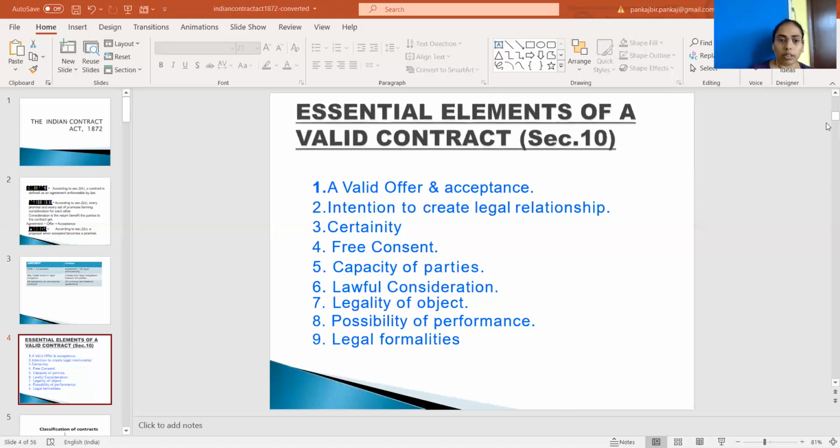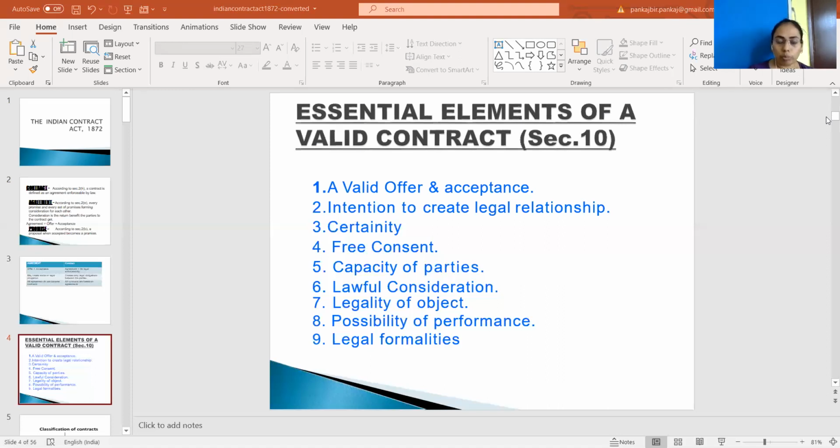So what do you call a free consent? That means the assent should be free from any obligation or any force, which is called free consent in the language of law. So two or more persons are said to have consent when they agree upon the same thing in the same sense without any enforcement on them.